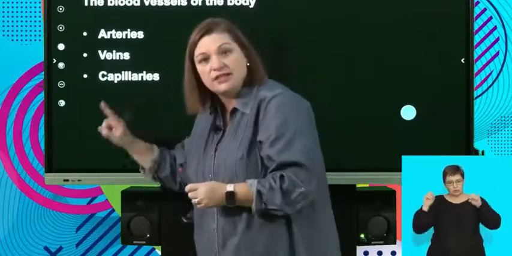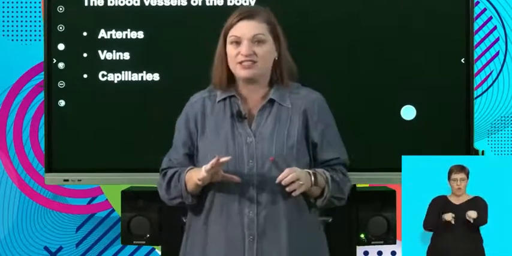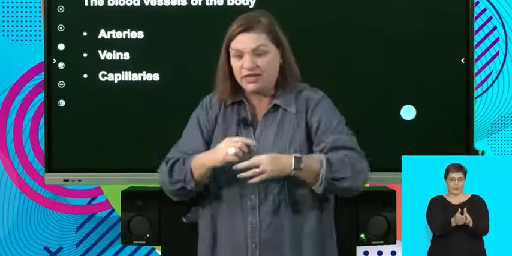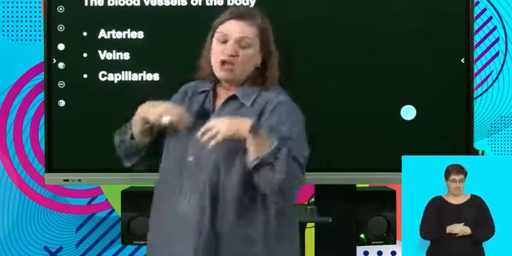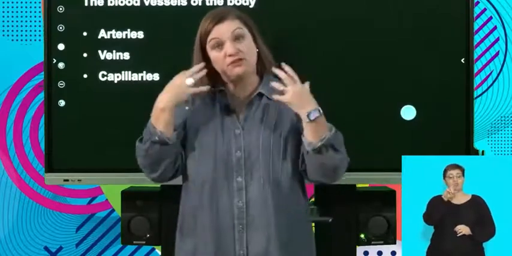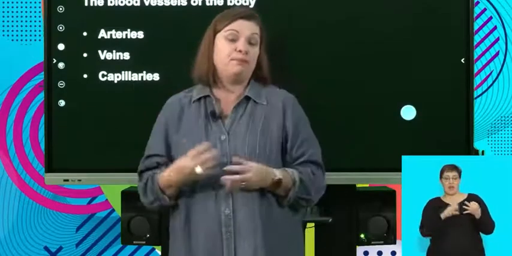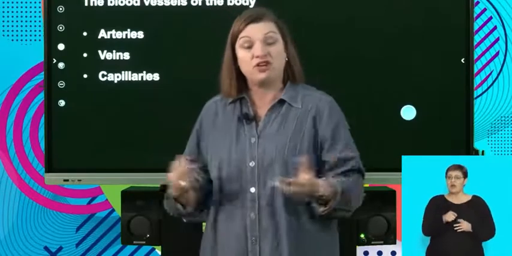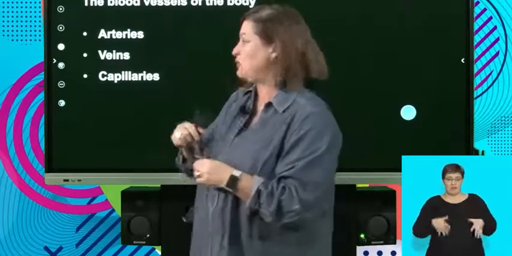Each house is a cell, and that's exactly the concept we're looking at here. So we've got big blood vessels, really big ones, and they're going to have to narrow down into these smaller ones. So we're going to look at the concept of an artery, a vein, and a capillary. Those are the names that we give to the blood vessels that are going to transport the blood throughout the body.